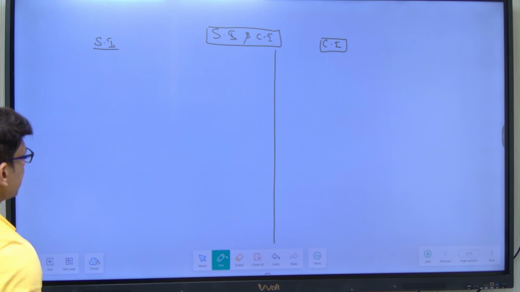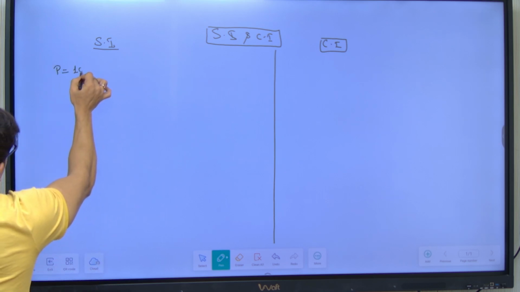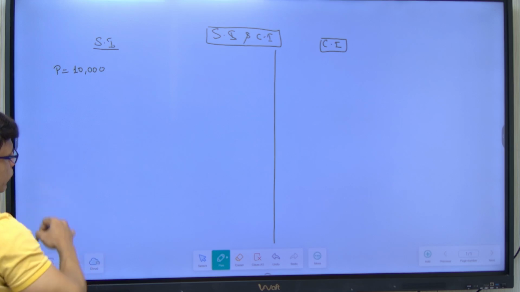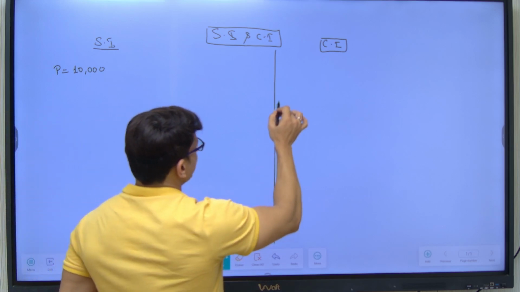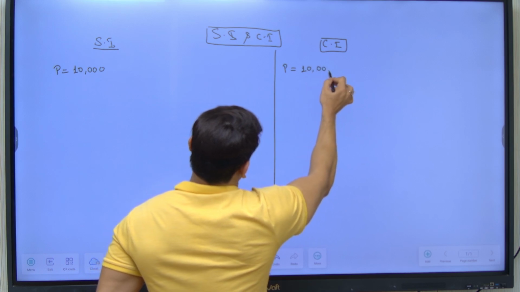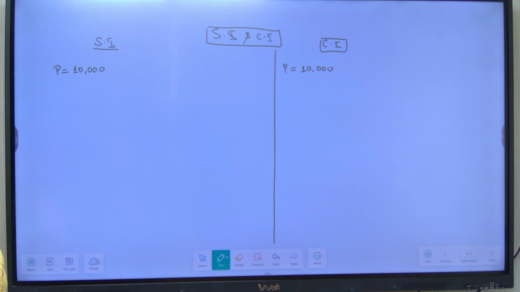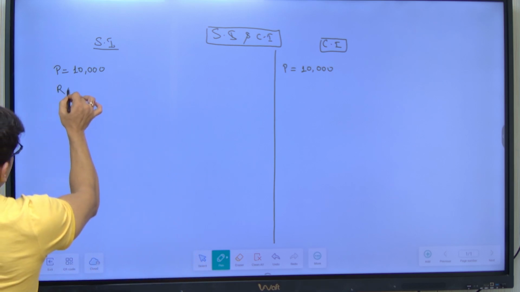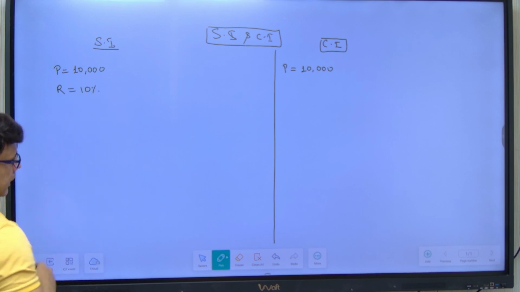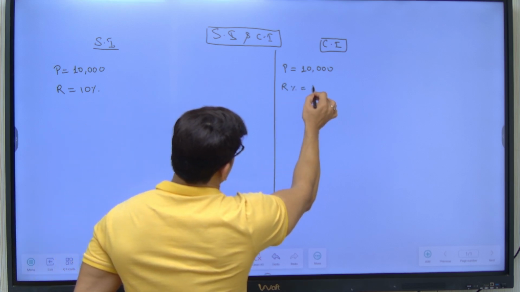Let us understand with the help of one example. Suppose you have 20,000 rupees and you invest 10,000 rupees in one bank which is offering you simple interest, and another 10,000 rupees in another bank which is offering you compound interest. Let's say both banks are offering a rate of interest of 10%.